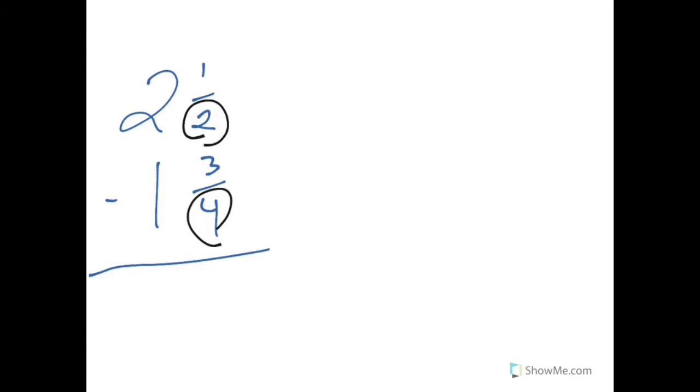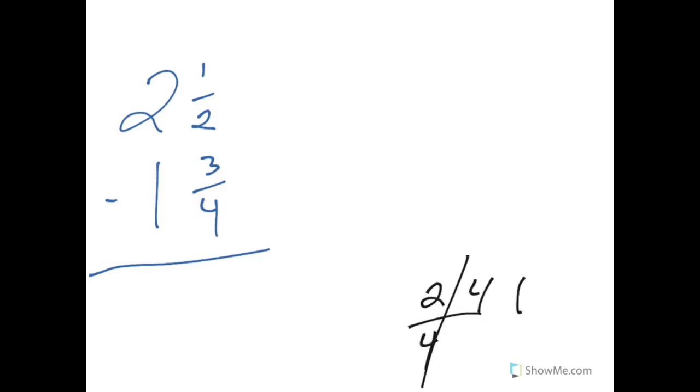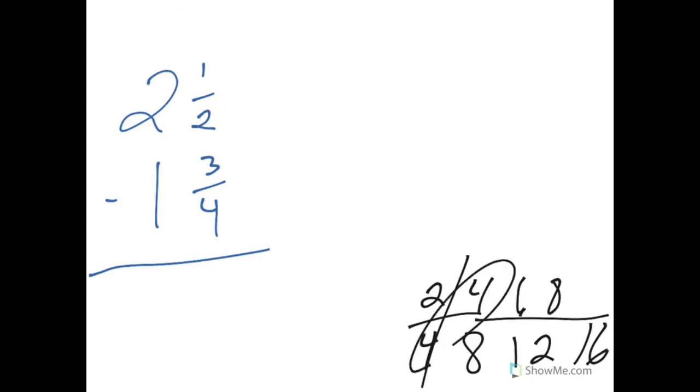So I actually have to use my least common multiple to make the denominators the same, and then I'll do a little regrouping, okay? So I'm going to find my least common multiple: 2, 4, 6, 8; 4, 8, 12, 16. But of course we see that 4 is the least common multiple.